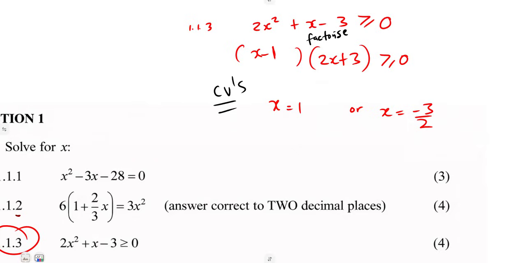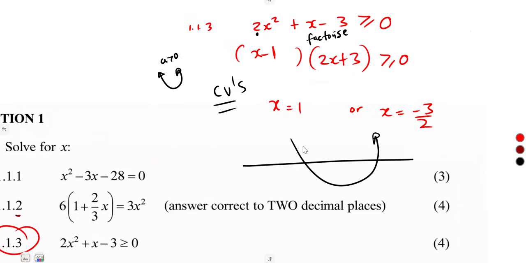Are you going to use the number line? Are you going to use the graphical method? Using the graphical method, here, the coefficient of x squared is greater than 0, so it's going to be concave up. So our graph is concave up. We're having two different solutions. Minus 3 over 2 is going to be on the negative side, and this is positive 1.